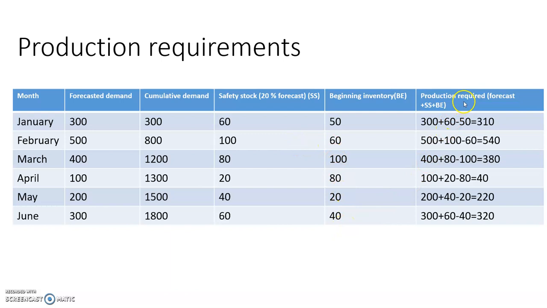Production requirements now will become the sum of the forecast and the safety stock minus the beginning inventory. So please correct that. This is minus BI. It's 300 plus 60 minus 50, which is 310. For February, 540, until June, which is 320.